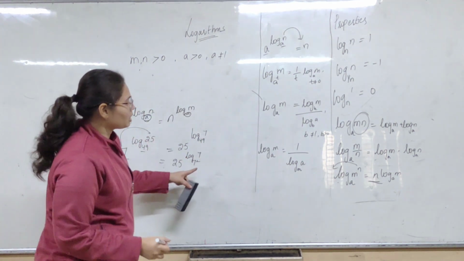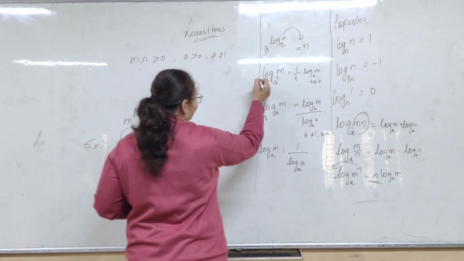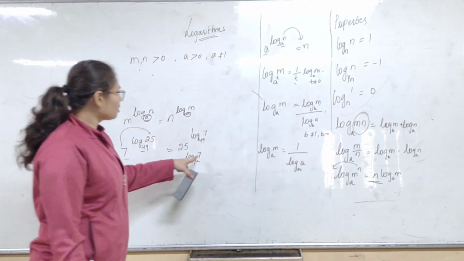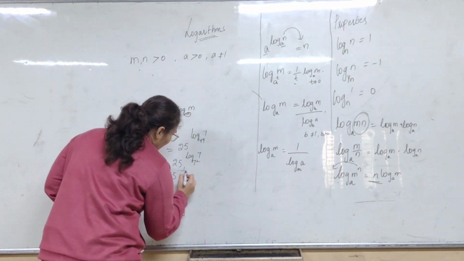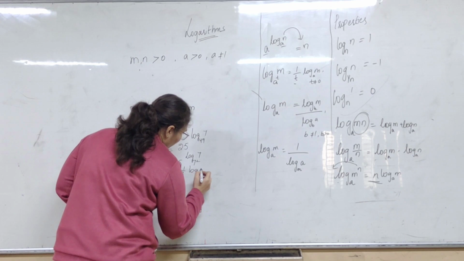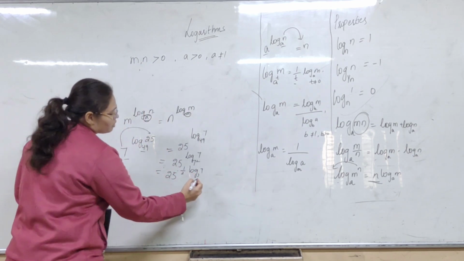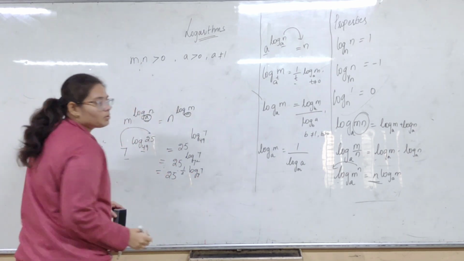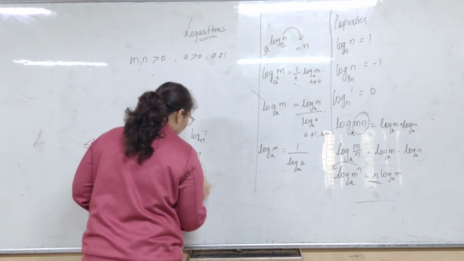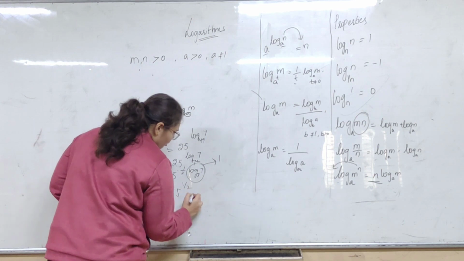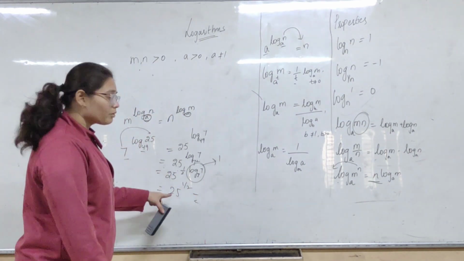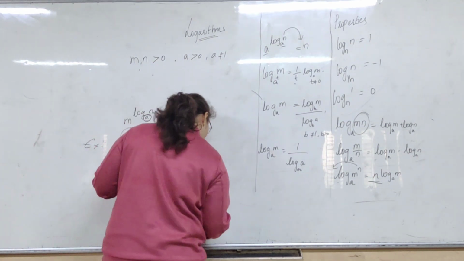What is this formula? A power t, so 1 by t will come outside. So 25 into 1 by 2 log 7 to the base 7. Log 7 to the base 7 is 1. So 25 power 1 by 2, which means root of 25, that is 5.